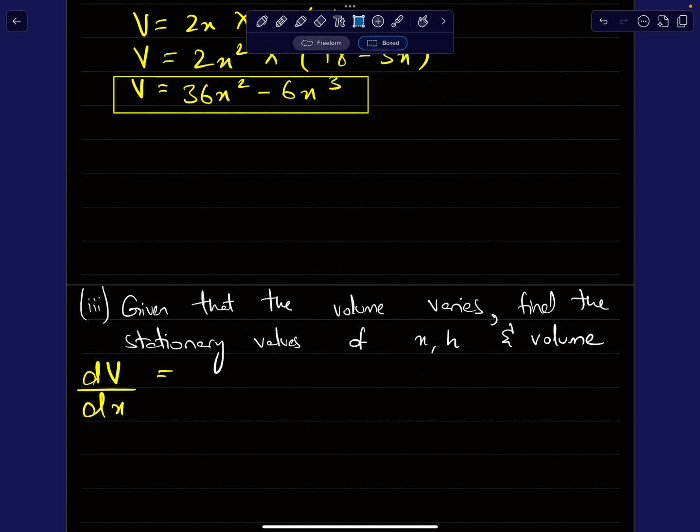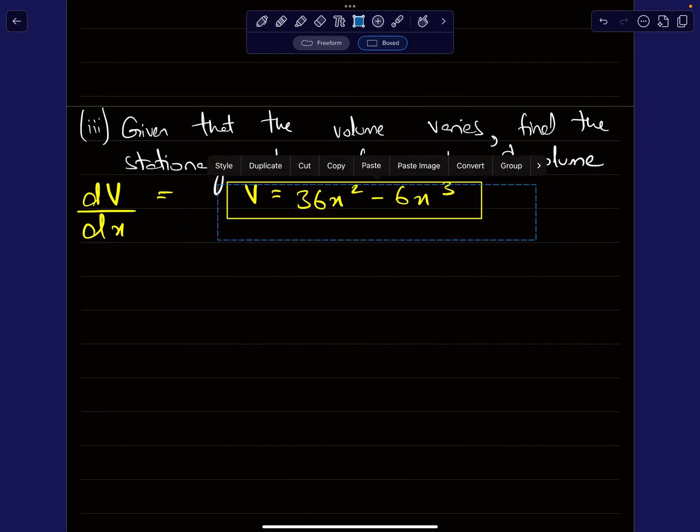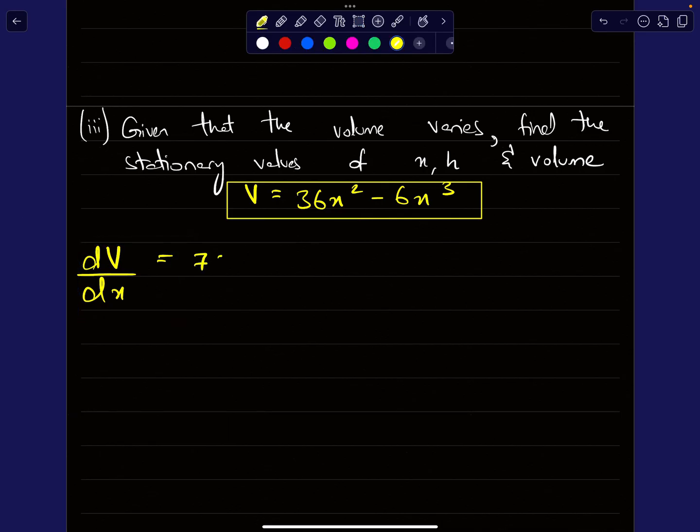This is what we found. We'll move this here, and we'll differentiate this expression of volume. So we'll turn out to have 72x minus 6 into 3, 18x squared. And we'll equate this to 0.